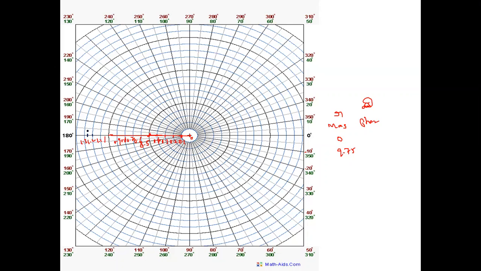This is the radius. Then what is the angle? Minus 150 degrees. Somewhere it will come, on this minus side. 150 is here. Yes, this is the angle, minus 150.